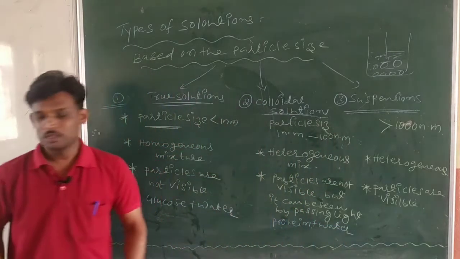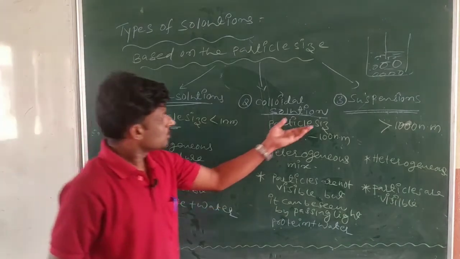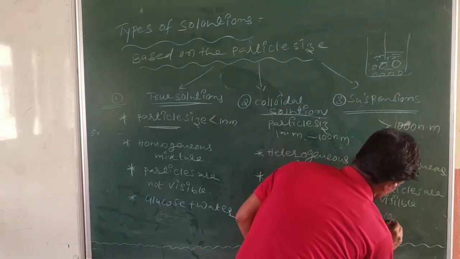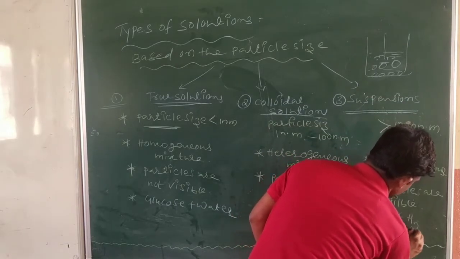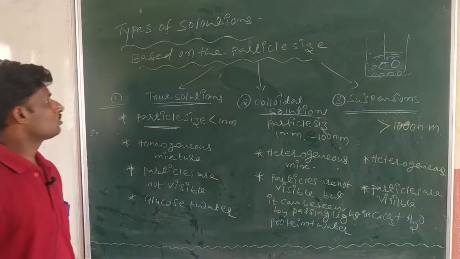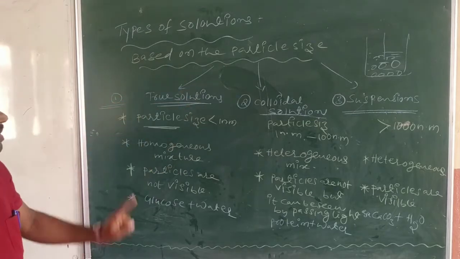Am I right or not? Then what are the examples of suspensions? Calcium carbonate plus water, H2O. These are some examples of solutions. So based on the particle size, solutions are of three types.